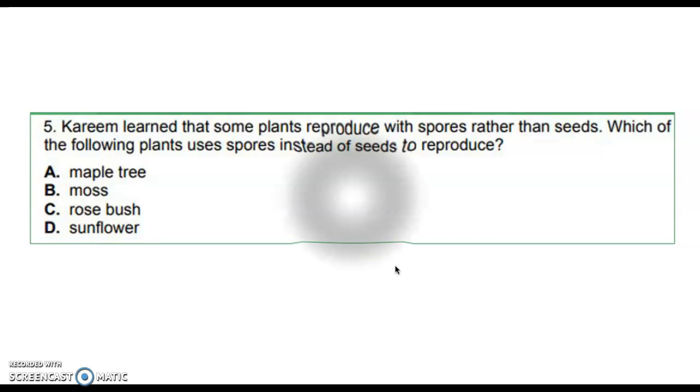All right, the answer is B, moss. We didn't talk about any of those other kinds, so hopefully you said moss because we talked about that moss uses spores instead of seeds. The two plants that we talked about that use spores instead of seeds are moss and ferns.